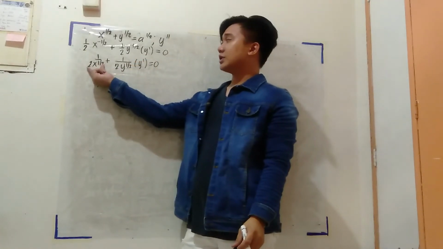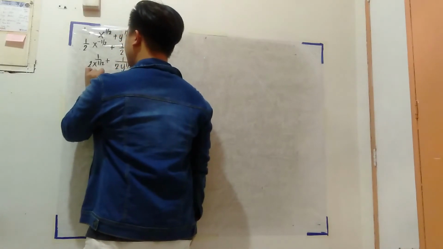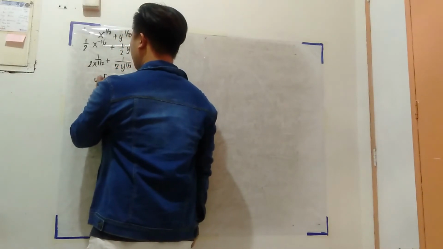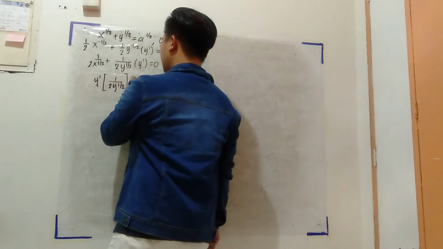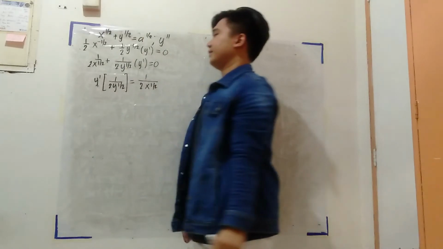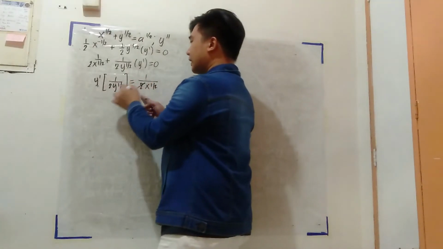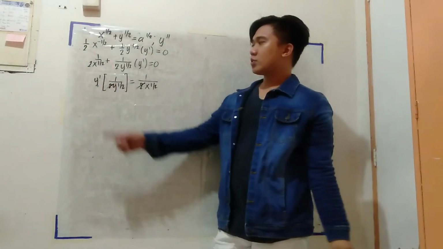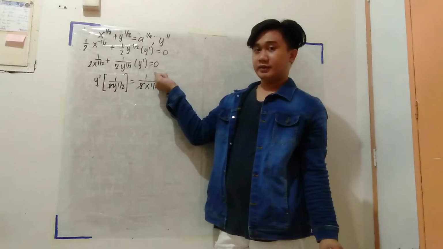And then, I bring this to the other side. So, y prime quantity 1 over 2 y raised to 1 half equal to 1 over 2 x raised to 1 half. Okay? Since the 2 is in the denominator on both sides, I can cancel it. And then, to extract y prime, I multiply that there.